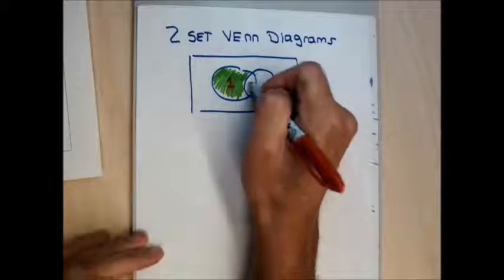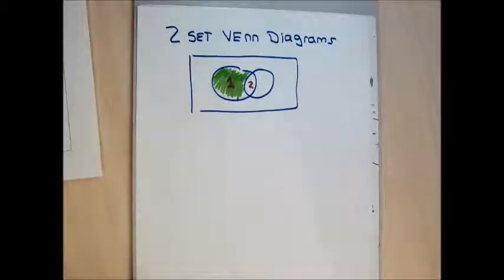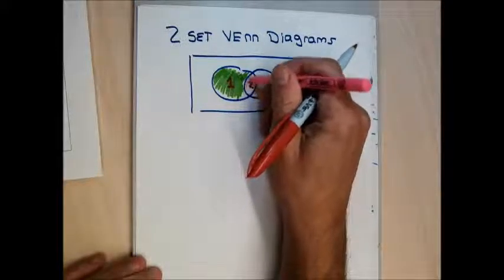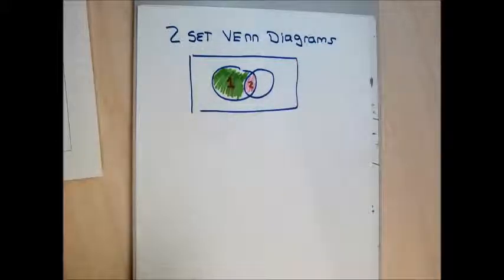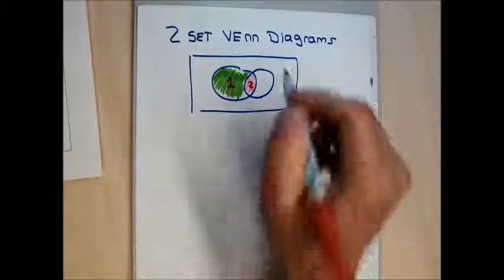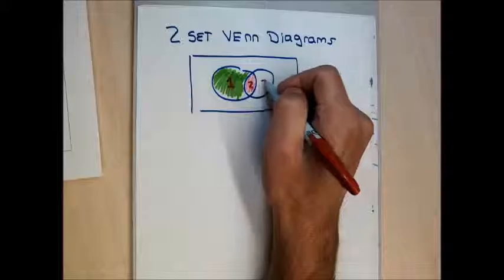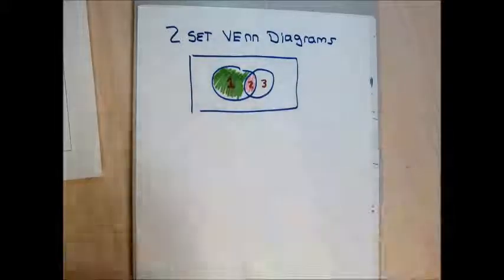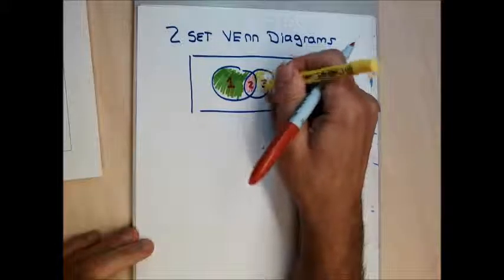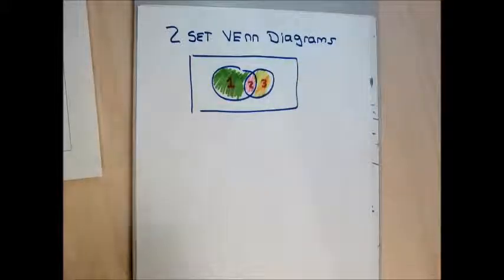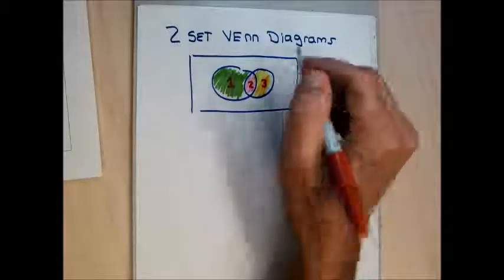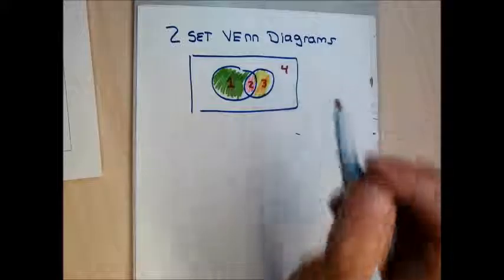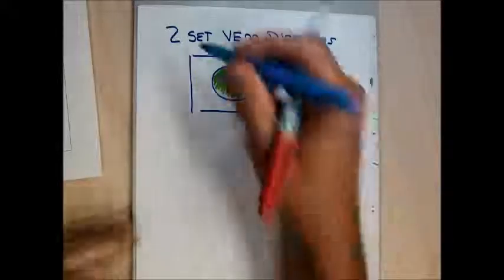And then I will call this region 2, meaning that portion of the Venn diagram. This I will call region 3, which will be that region of the Venn diagram, and then the whole outside of the circles I'm going to call region 4.